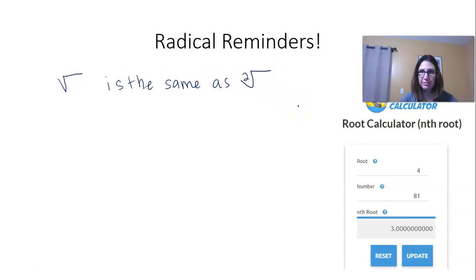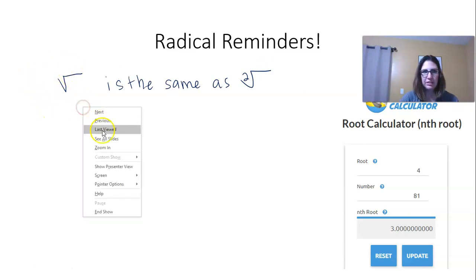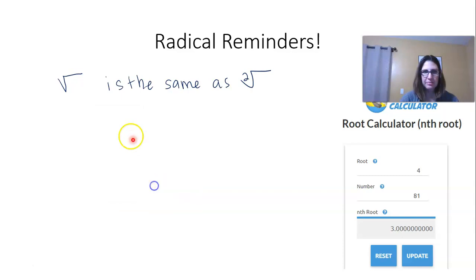I don't know if you guys know that. So if you ever see a symbol that looks like this, without a number inside, doesn't have an index, it automatically has an index. It automatically has one. It's 2. That's why we call it a square root. We generally call it a square root, so because of the word square, we're thinking about the fact that we're going to use the number 2.